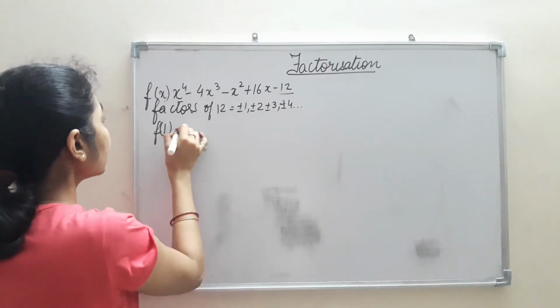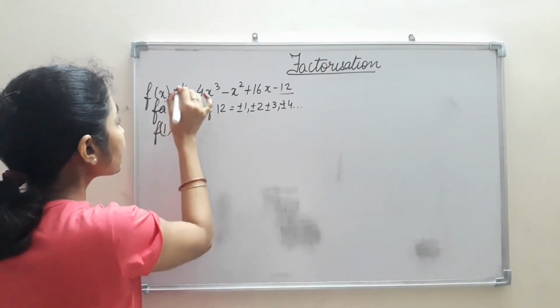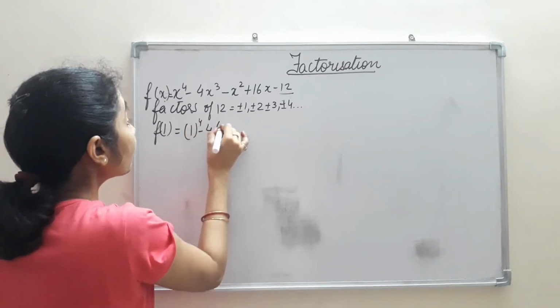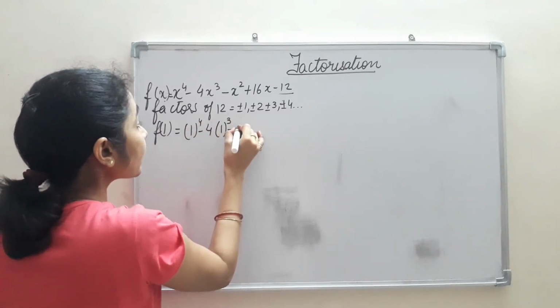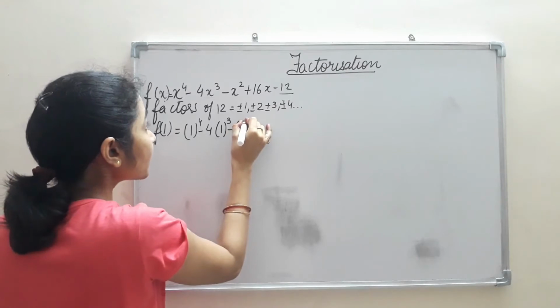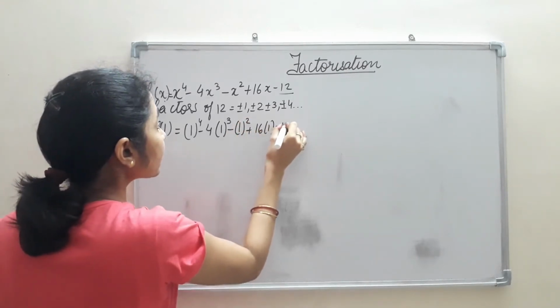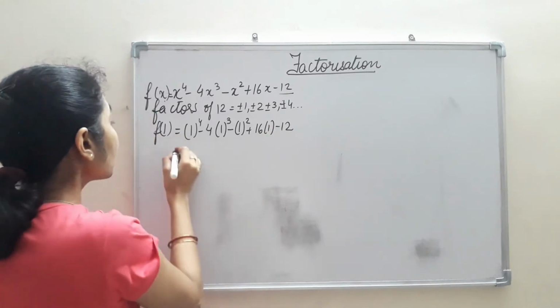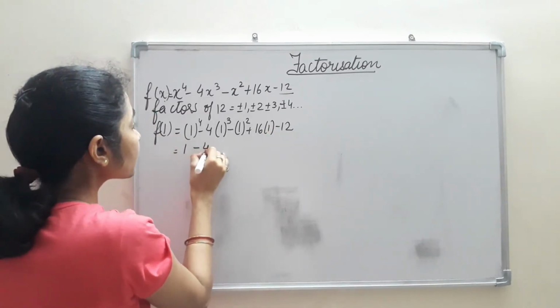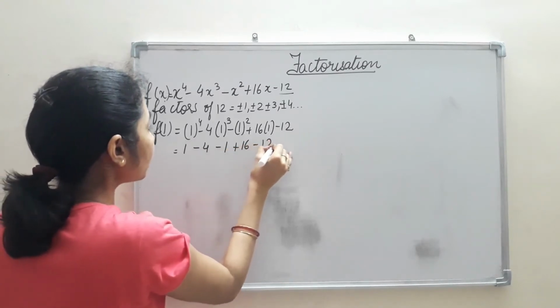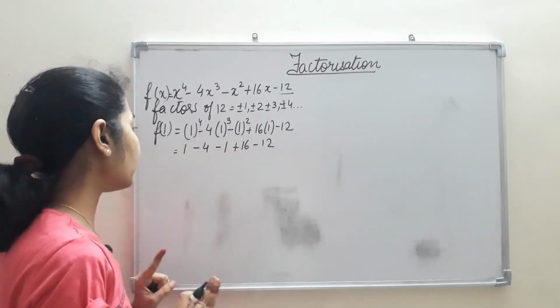So f(1) is equal to 1 raised to the power 4 minus 4 into 1 raised to the power 3 minus 1 raised to the power 2 plus 16 into 1 minus 12. Okay, so that is 1 minus 4 minus 1 plus 16 minus 12, because everywhere the value of 1 will remain as it is.